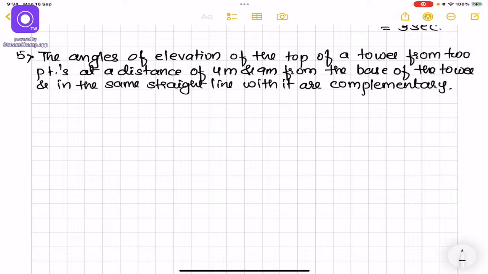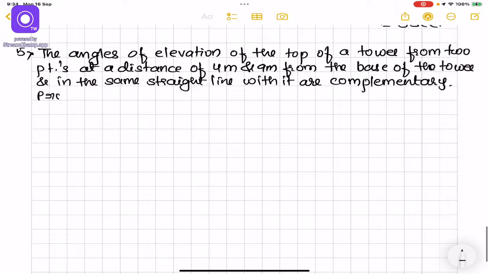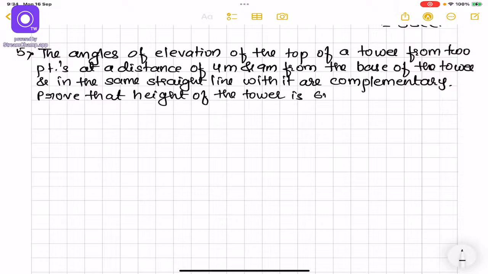Prove that the height of tower is 6 meter.